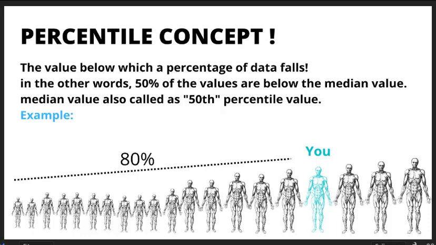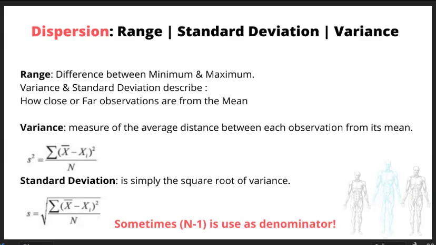Now let's move to the other measures, which is the dispersion measure. You remember, when we were starting the section, we discussed two measures. One is the central tendency measure, which are mean, median, mode.